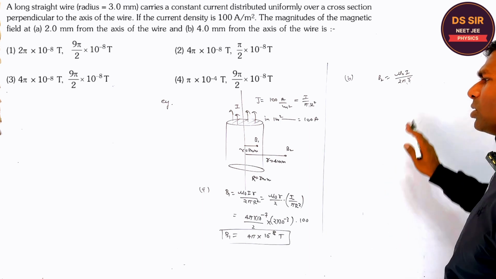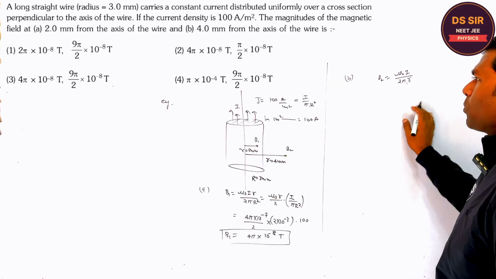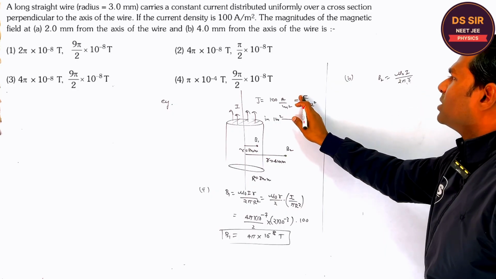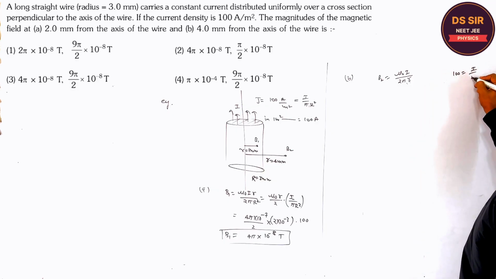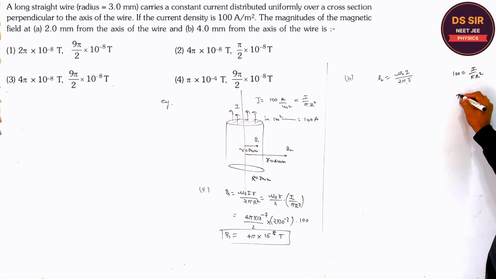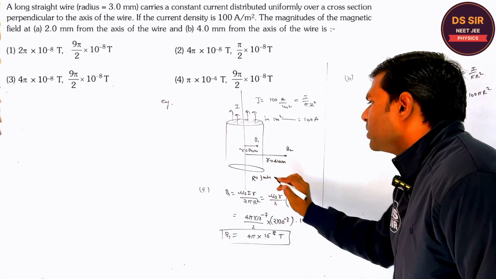Mu naught I upon 2 pi small r, where r will be 4 millimeter. But the value of I, listen, from here 100 is equal to I upon pi R square. So the value of I is equal to 100 pi into R square. And the R will be here 3 millimeter.